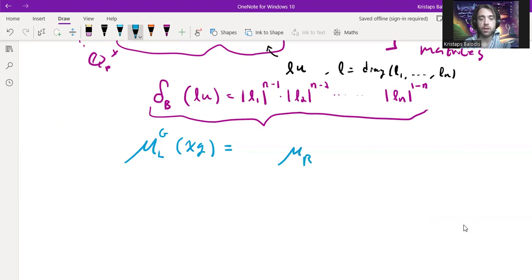And you can actually translate between them by means of characters. This is called the modular quasi-character. And so if I've written things correctly, this is the way that you translate between those two measures. Normally it's defined by the character that interpolates between these two measures.